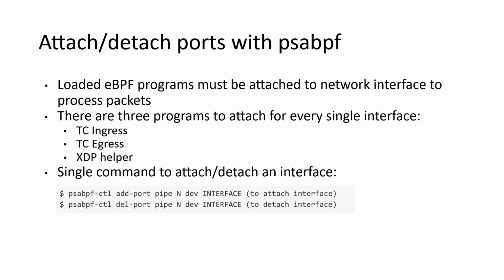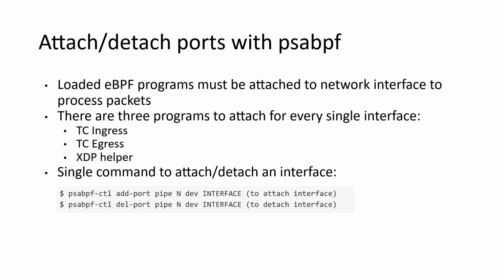Linux TC requires creating a QDisc to be able to attach BPF programs, so a new one is created during attaching an interface. When an interface is detached, the created TC QDisc is removed with the PSA eBPF programs, and the XDP helper is detached from the interface.